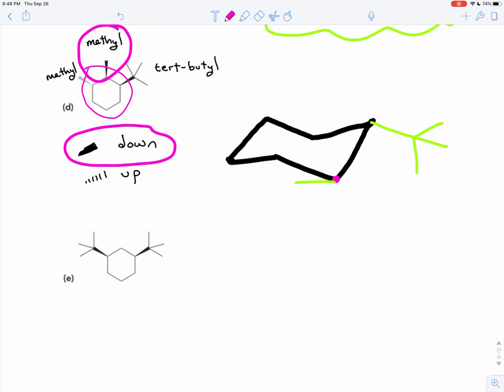And if that's equatorial up, then the down position must be axial, because every carbon has an axial and an equatorial position going in opposite directions. So if the equatorial is going up, it's the axial that's going down. Well, down is how we wanted to draw this methyl group, because it has a solid wedge. And so we'd draw the methyl group as drawn here in that pink line. There's our methyl group going down.